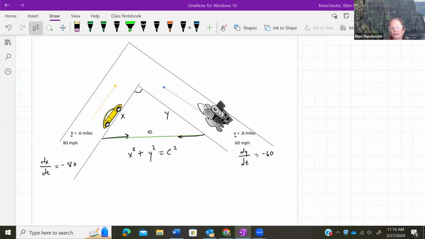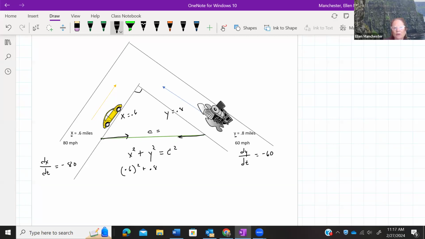And what I'm going to do first is find this distance C. We know the X is 0.6. We know the Y is 0.8. Now let's find out how much C is. What is that distance? How far away from these two sides are we at this point? So we're going to plug in our 0.6.